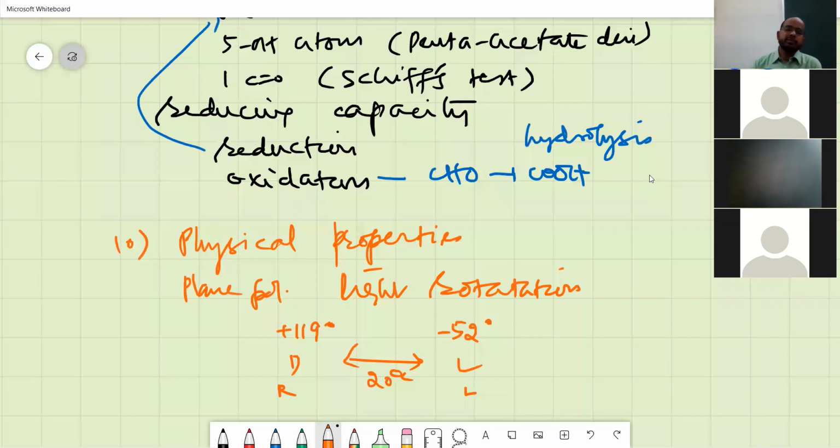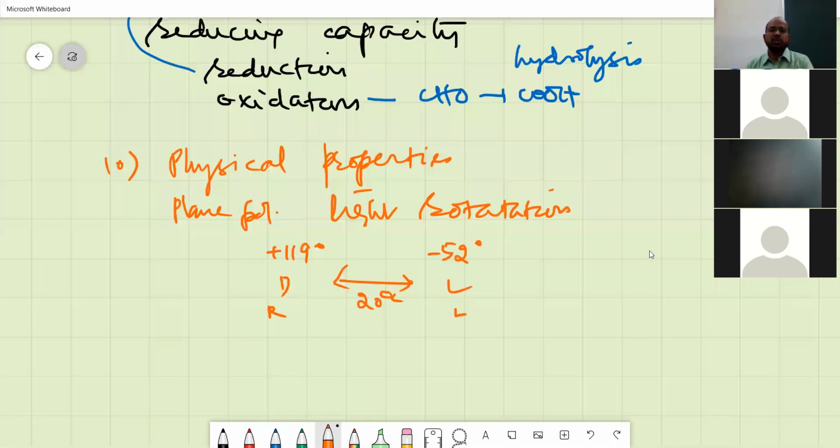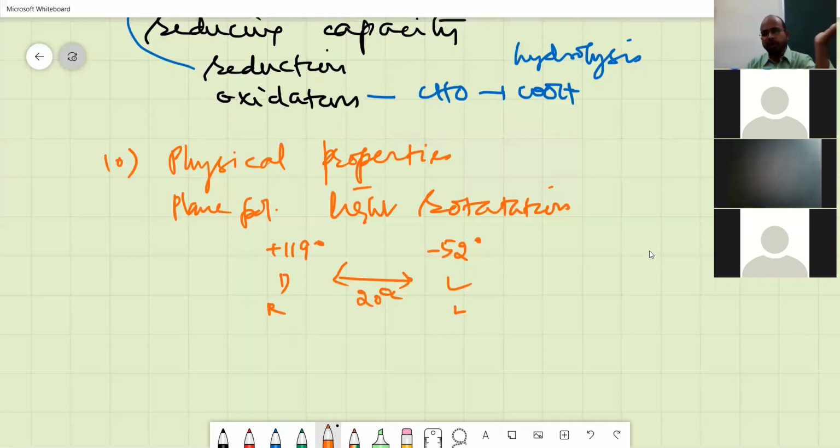Dextro and levo are right and left rotation. So one isomer rotates the plane polarized light to the right by about 119 degrees, and another isomer rotates the plane polarized light to the left by about 52 degrees.